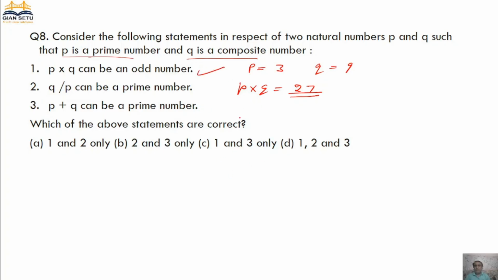Now let's see statement 2. Q is a composite number, and when Q is divided by P, then it gives a prime number.